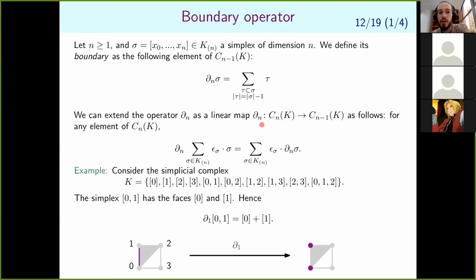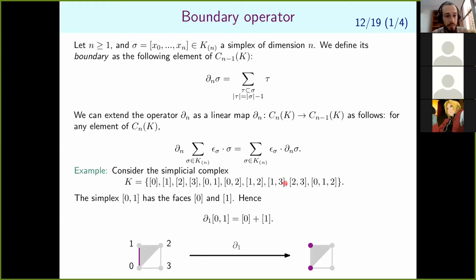Okay? And we define like that a map between the n chains and the n minus 1 chains. And this is a linear map between vector spaces.